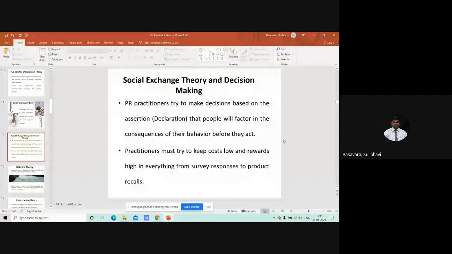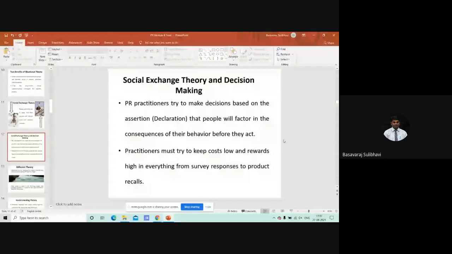What action those people are going to exhibit will be clearly understood from the behavior. You can predict what type of behavior can give you what type of action from the public. Then the second one: practitioners must try to keep cost low and rewards high in everything, from survey response to product recall.